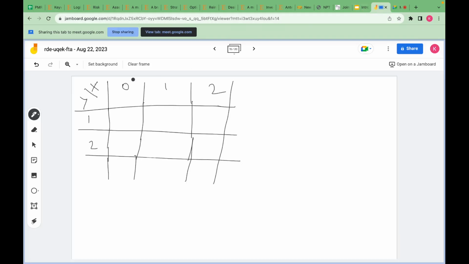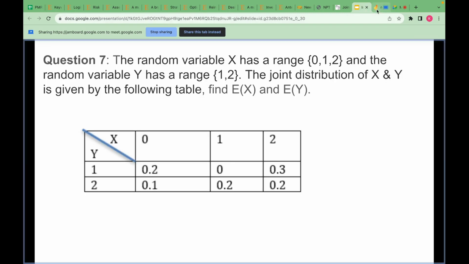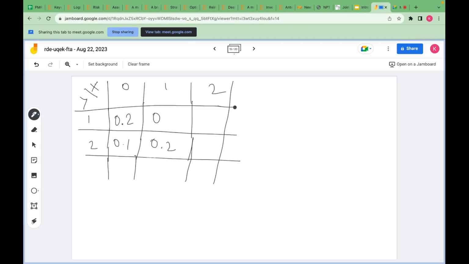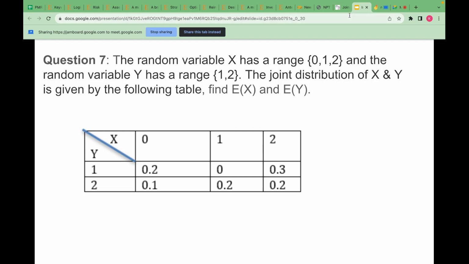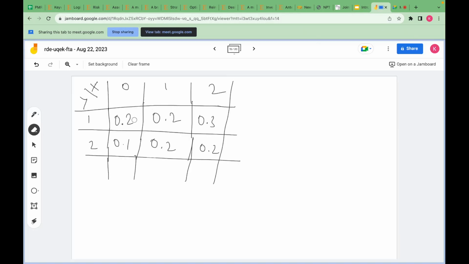So this is 0.2, 0, 0.1, 0, 0.2. What this is saying is that this is x, this is y, and this is our joint probability mass function.